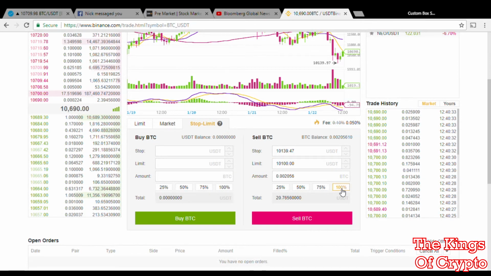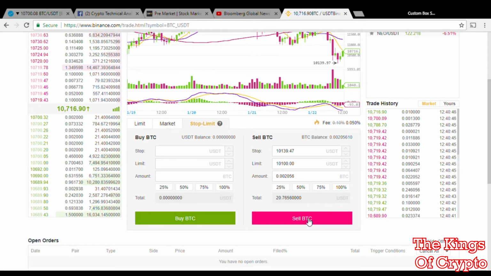I want to sell all of my BTC if this happens, because if we drop below 10,139, there's a good chance we're coming down to 10,000, and I believe there's a good chance we could sell right through 10,000 and continue lower. So a lot of times I'll set a stop loss before I go to bed. This protects me from suffering a 10, 20, even a 30, 40% loss while I'm asleep.